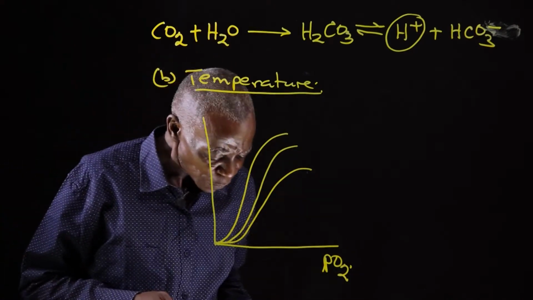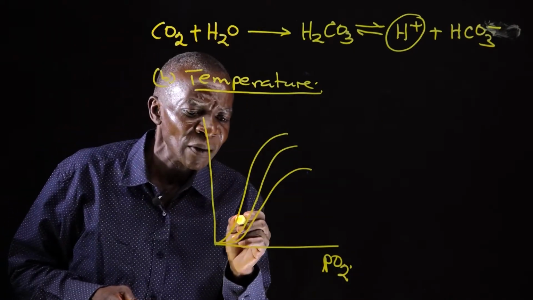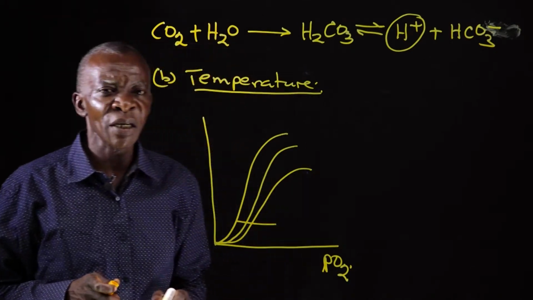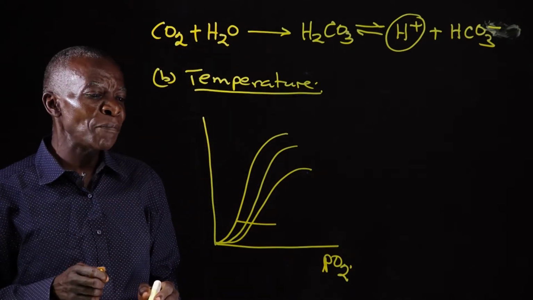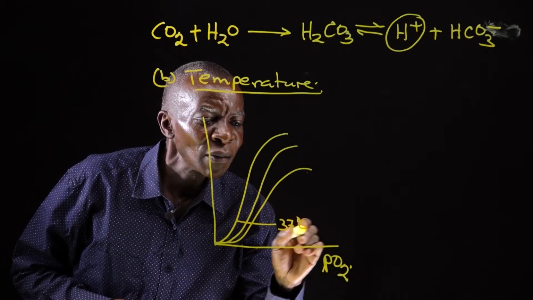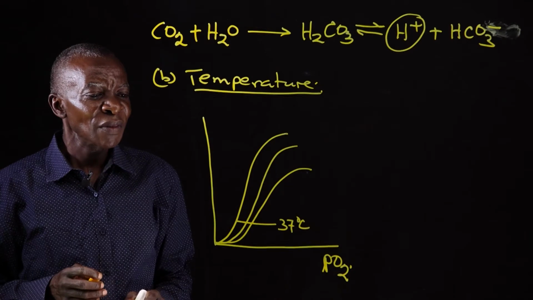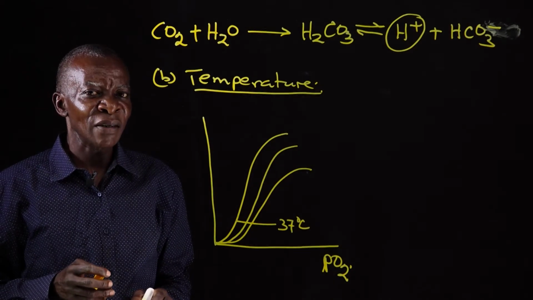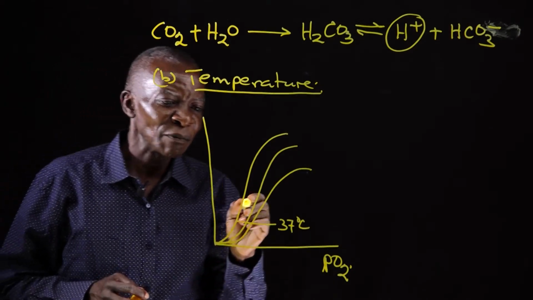Suppose that the oxygen dissociation curve was at a particular position when the temperature was exactly 37 degrees centigrade.